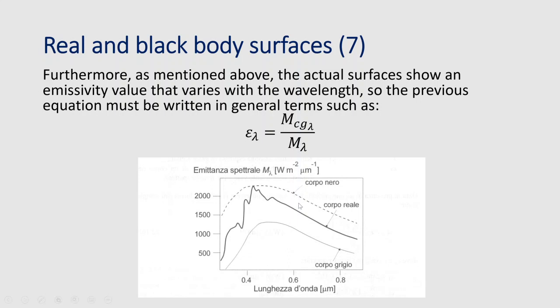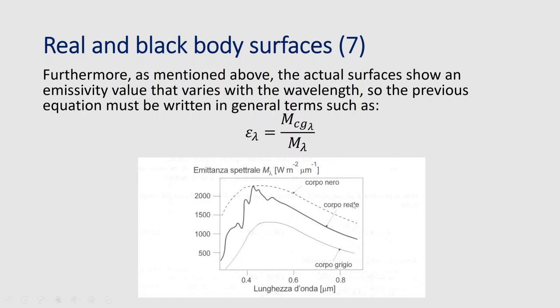Apart from the temperature, because it's the same, you see that a black body is emitting more energy in comparison with the others, and is emitting more energy for every single wavelength. So at 0.4, that is the beginning of the blue band, the black body is emitting more than the real body, and in comparison with a generic gray body. And of course also at 0.6, that is the start of the red band, and so on, and also in the near infrared. So the black body is emitting more energy at the same temperature as the other bodies at every single wavelength.